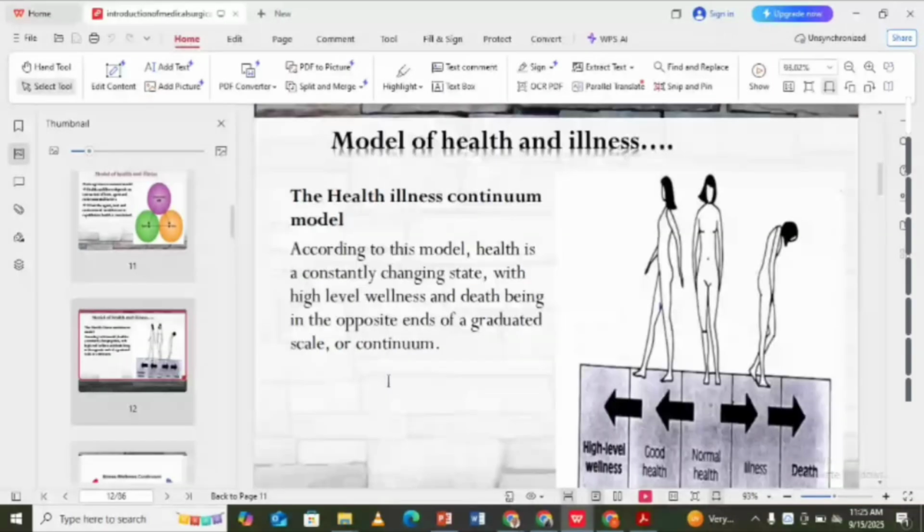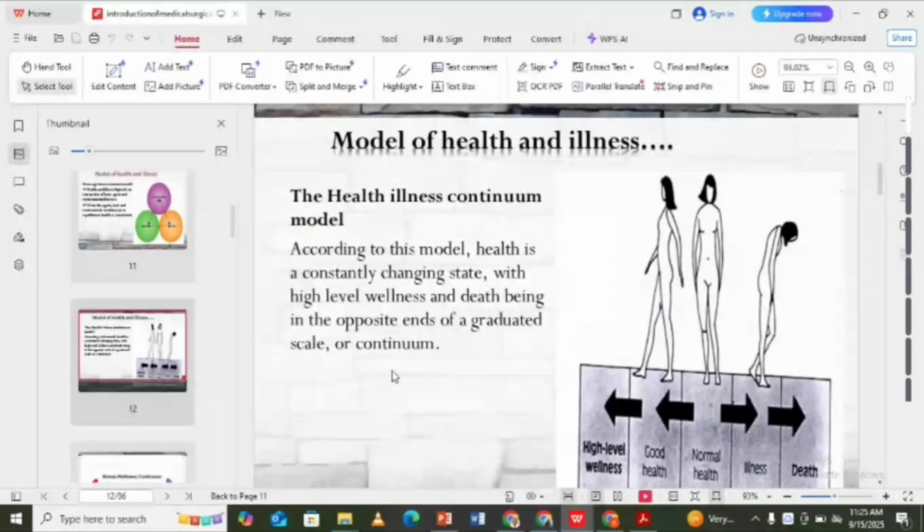Then the health illness continuum model, where we talk about health being that constantly changing state, where high level wellness is on one end and death is on the opposite end of a graduated scale or a continuum.